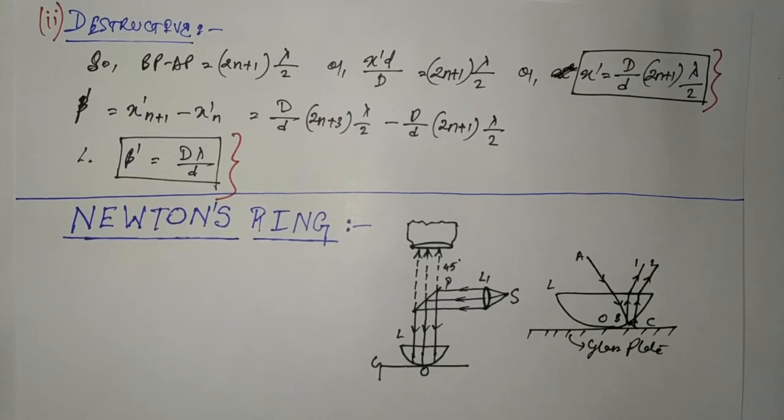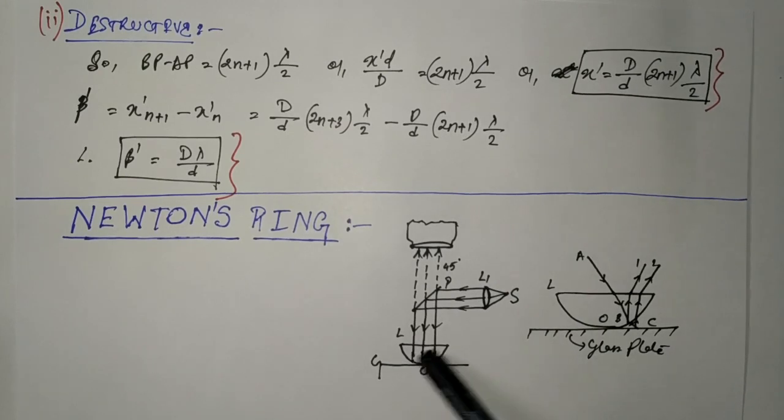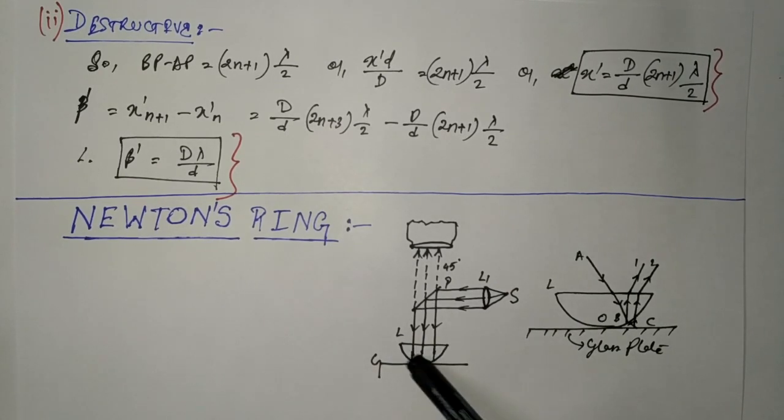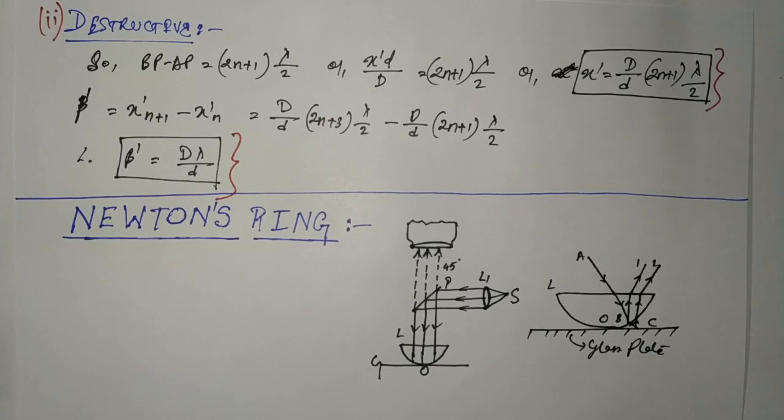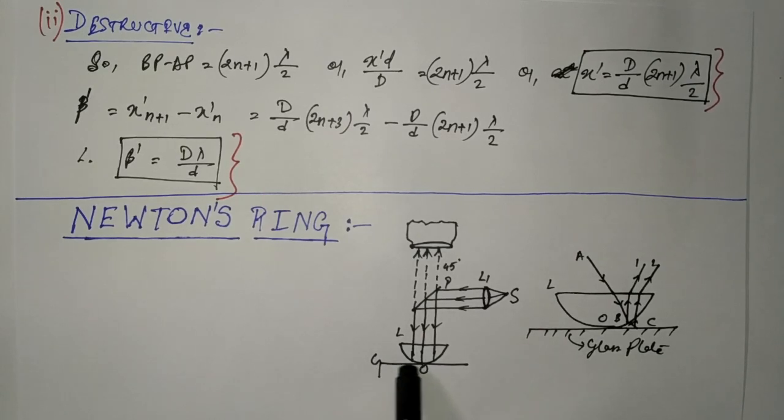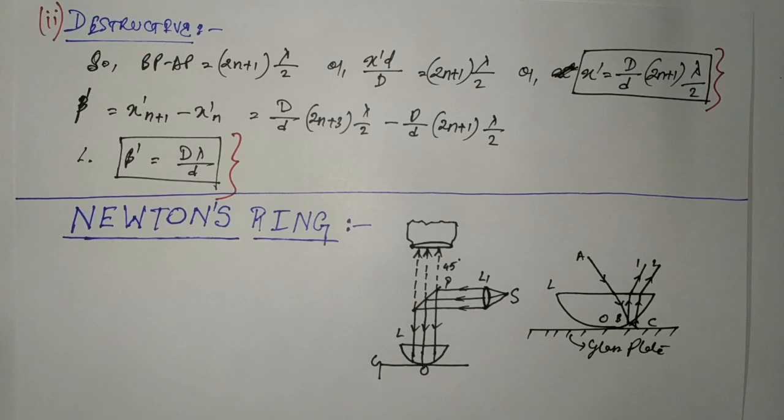So when the convex surface of a plano-convex lens, this is the lens L we have considered here, with long focal length, is placed on a glass plate G that we have considered here, a very thin air film of varying thickness is formed between the lower surface of the lens and the upper surface of the glass plate.